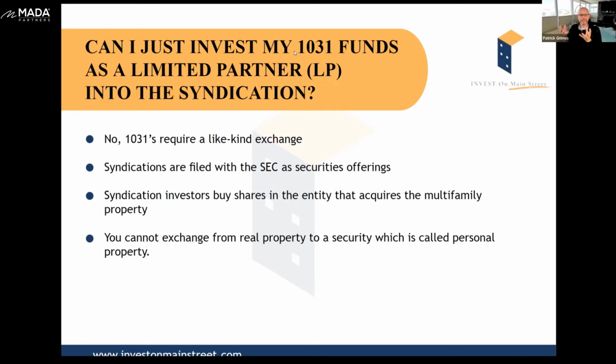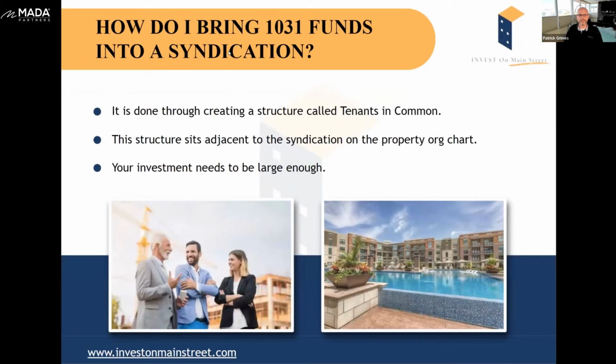So when we set up a syndication, it's a securities offering. You cannot buy securities with real property. That's not a like kind exchange. So in this particular case, we're going to say no, but we can set something up called a tenants in common. It's done by creating this tenants in common structure. And tenants in common has been around for about as long as real estate's been around.